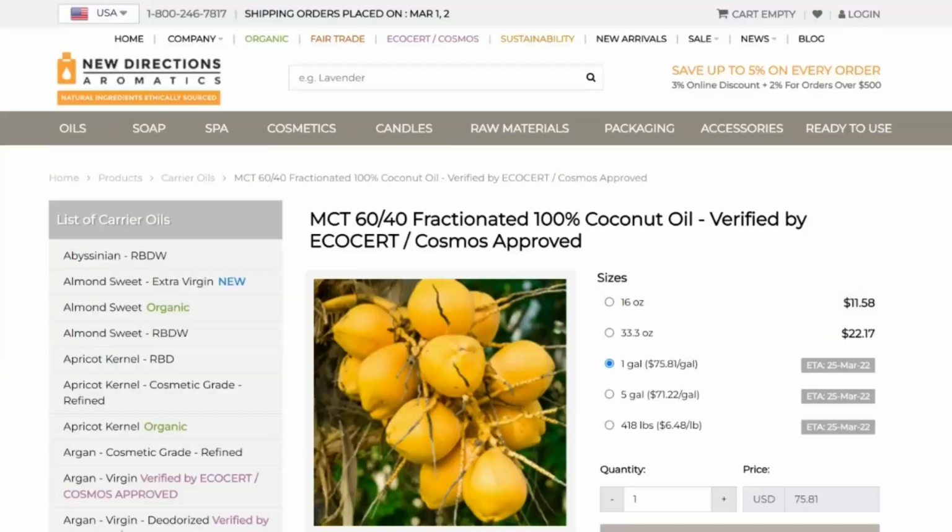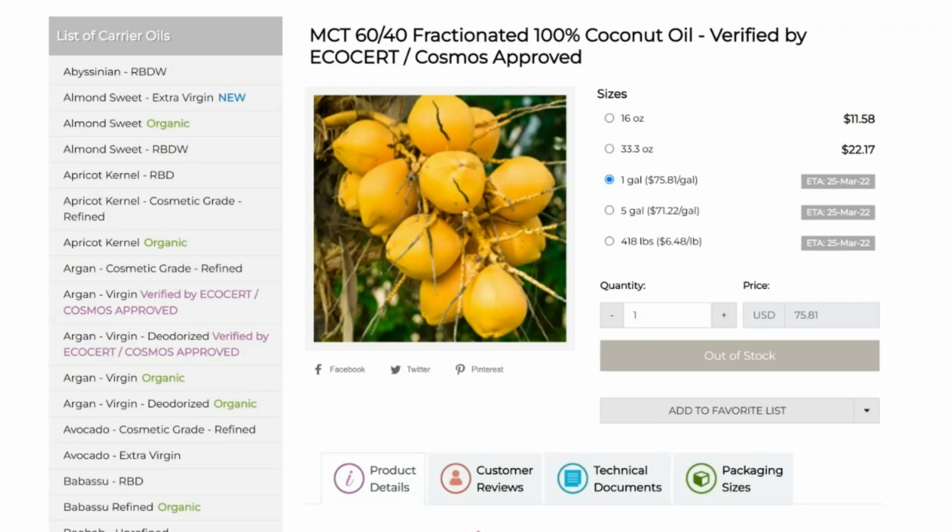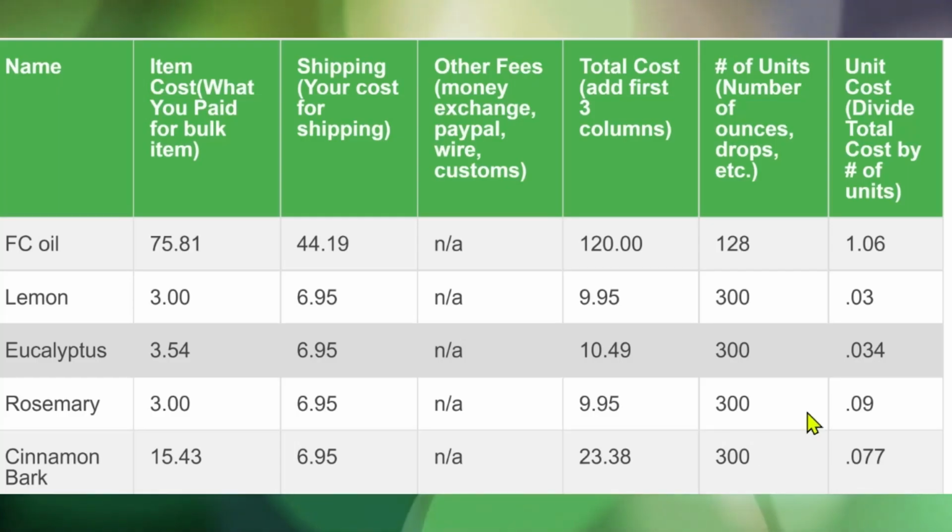Just as an example, I have purchased my fractionated coconut oil from New Directions Aromatics. Let's look at this. The cost for a gallon was $75.81, and then the shipping was $44.19.